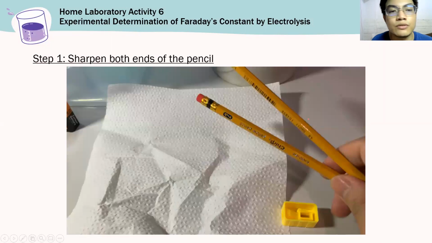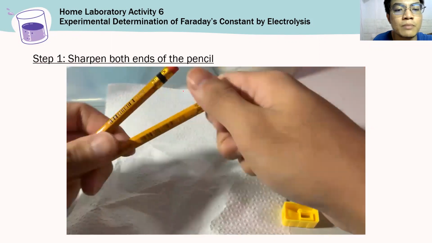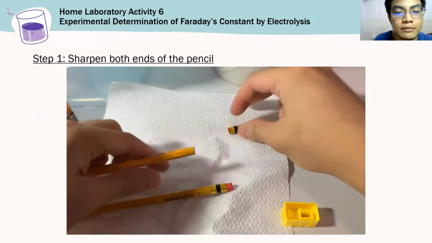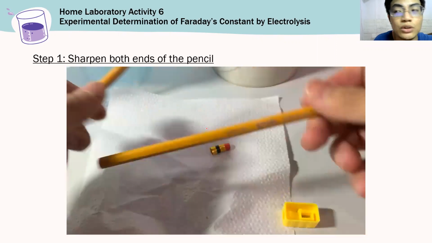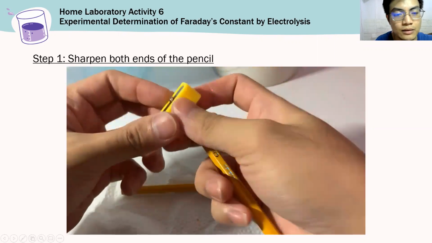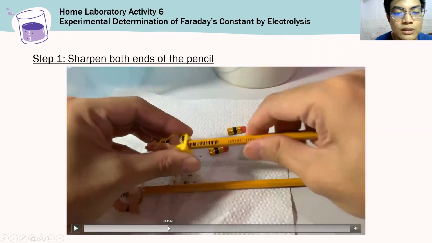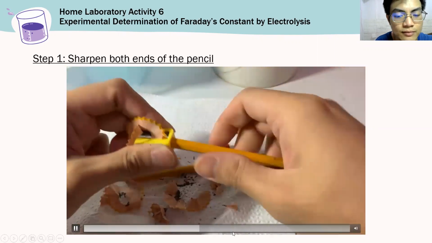For you to do the experiment, you have to sharpen both ends of your pencil. That means you have to remove this metal part on top with the eraser. So kindly remove that and then proceed on sharpening your pencils. I'll skip this portion. Make sure that they are properly sharpened at both ends.